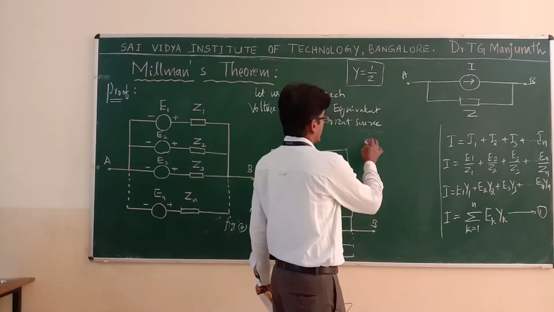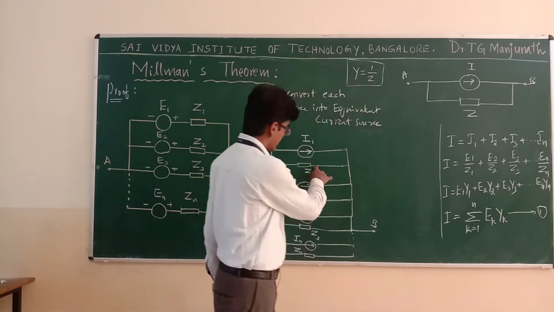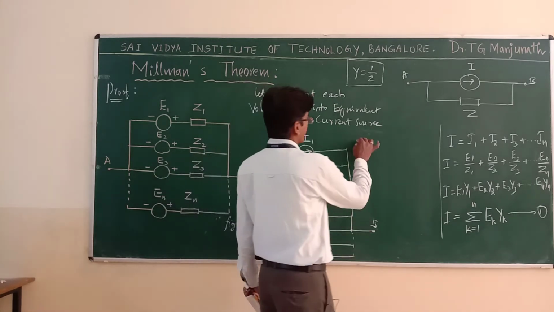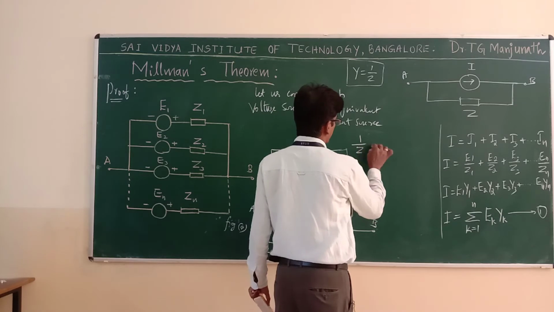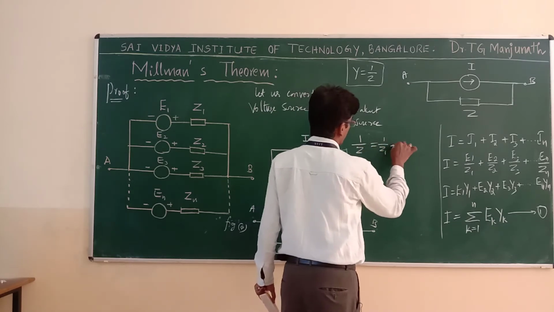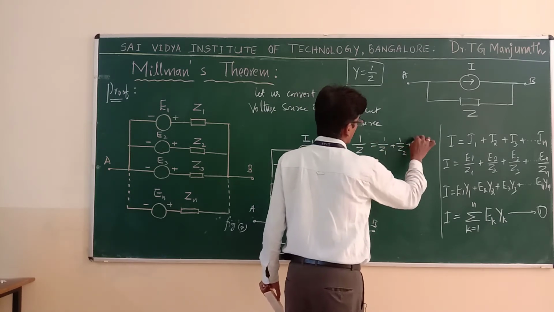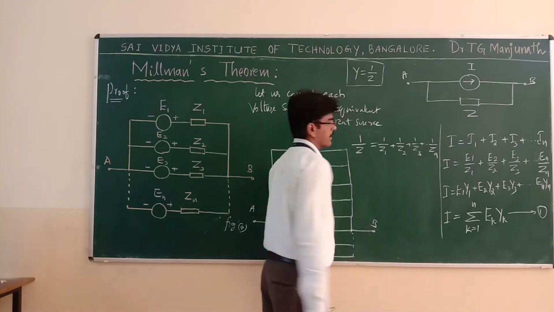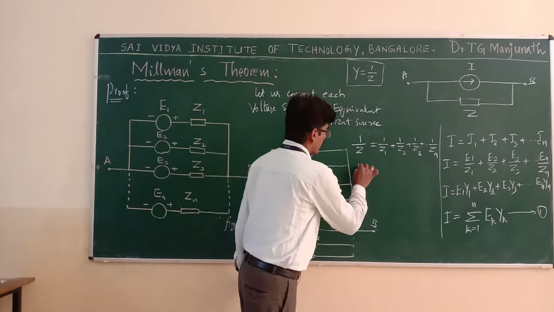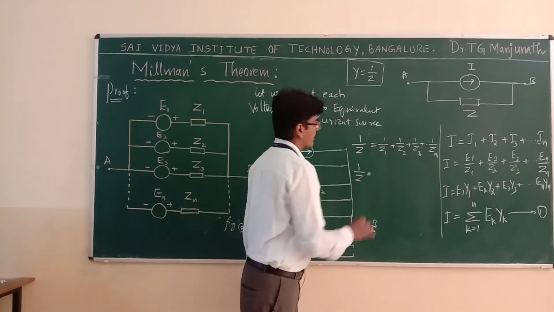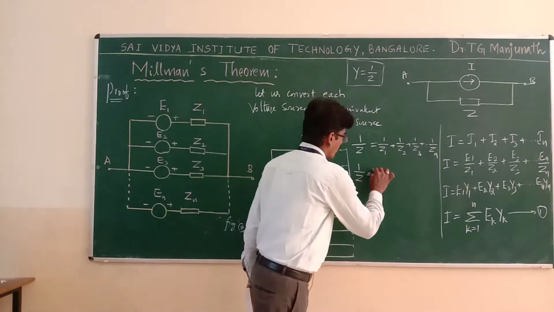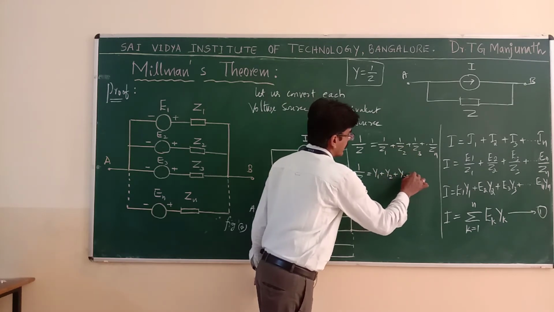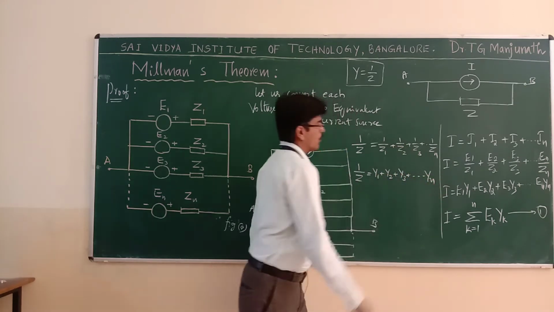So how to find Z? This Z1, Z2, Z3 etc. Zn, they are in parallel now. Therefore I can write 1 by Z is equal to 1 by Z1 plus 1 by Z2 plus 1 by Z3 etc. 1 by Zn. So 1 by Z is equal to Y1 plus Y2 plus Y3 etc. Yn.